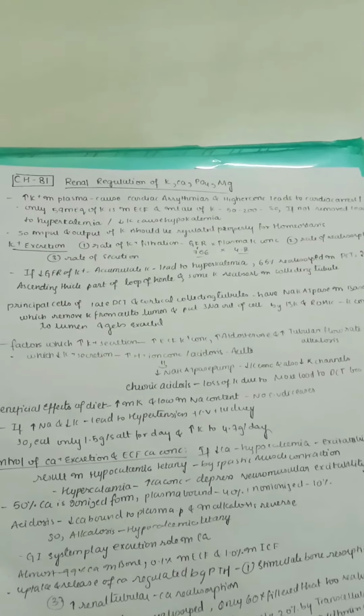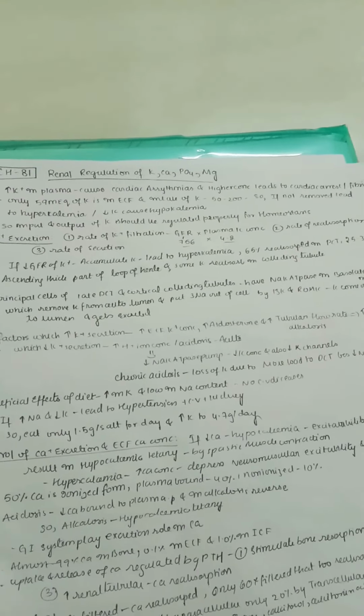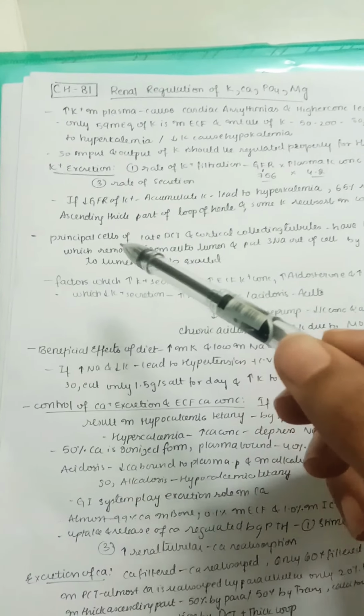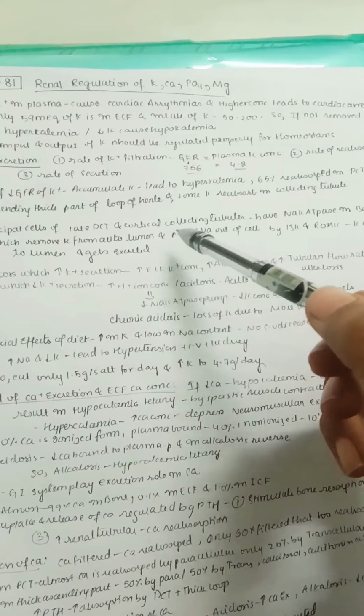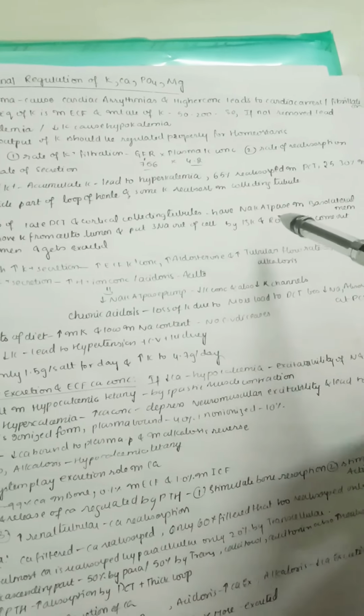So how does potassium go into the cell? In the previous lecture we have seen 65% of sodium and 65% of potassium reabsorption. The principal cells of the late distal convoluted tubule and cortical collecting tubules have sodium potassium ATPases in the basolateral membrane. I'll explain this by means of a diagram so that you can understand easily.